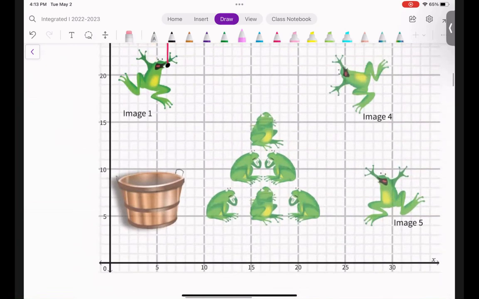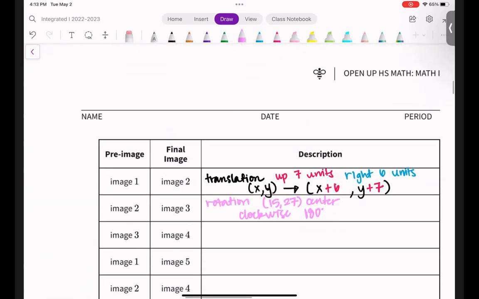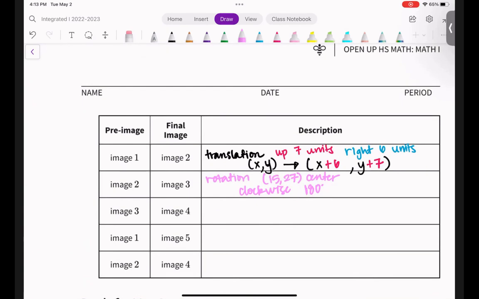Now, I'm going to leave you to do number 3. See if you could do from 3 to 4. Okay. And then the next one is from 1 to 5.